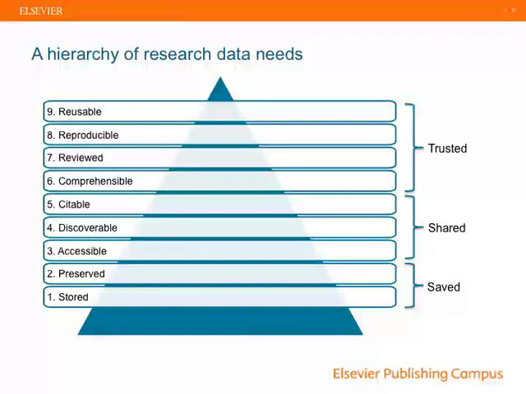Now, something you might not have thought about that much, but something I think is really important, is that you can make data citable. I mean, you're all familiar with the idea of citations, because that's something that's very important when you publish articles, but also research data can be cited. And you can make your data citable by making sure that it has a unique persistent identifier.